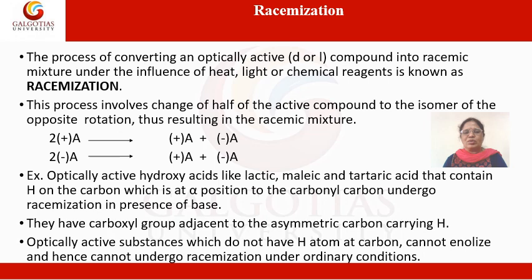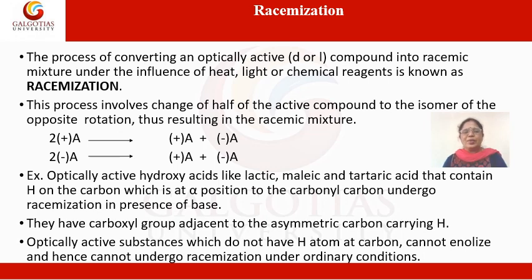The optically active hydroxy acids like lactic acid or malic acid or tartaric acid, which contain hydrogen on the carbon that is at the alpha position to the carbonyl carbon, generally undergo racemization in presence of base, which means that every optical isomer cannot undergo racemization.